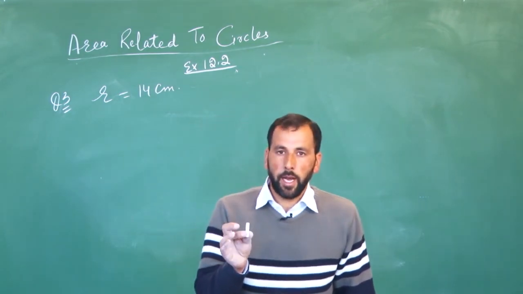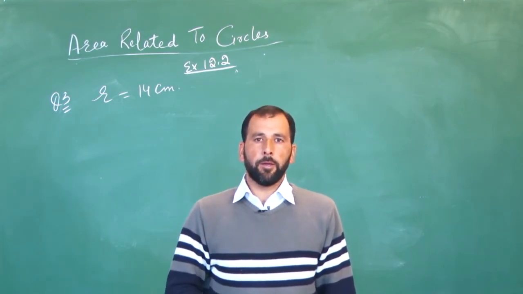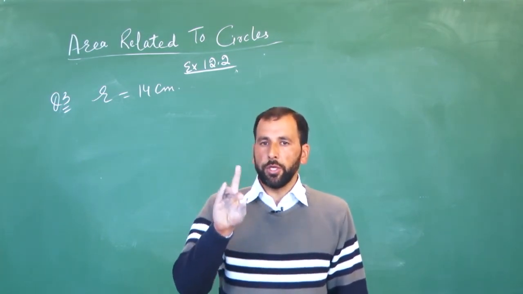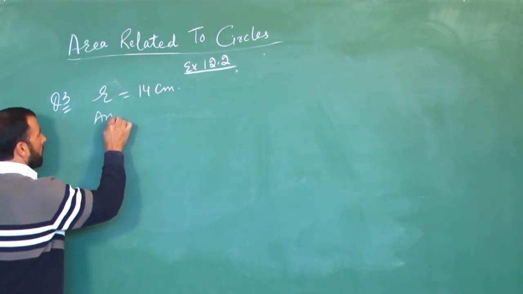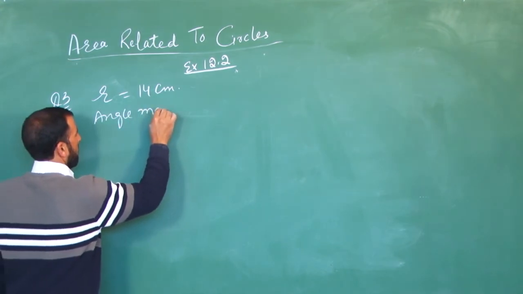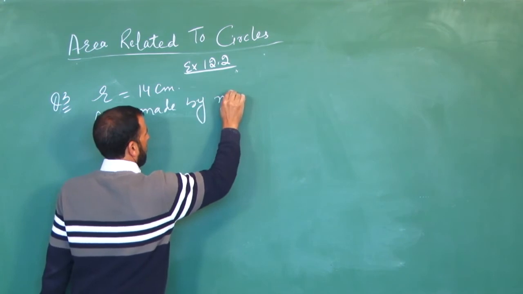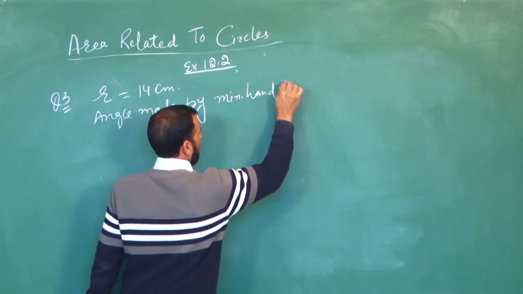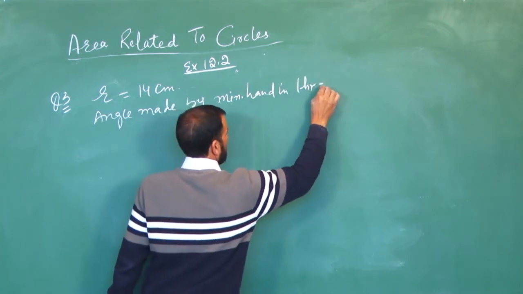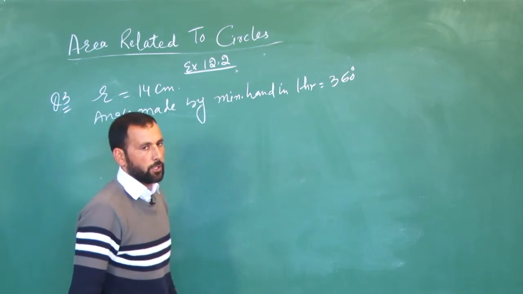So it is the length of the minute hand, and we know that the angle made by the minute hand in 1 hour is equal to 360 degrees. So the angle made by the minute hand in 1 hour is equal to the complete angle, that is 360 degrees.